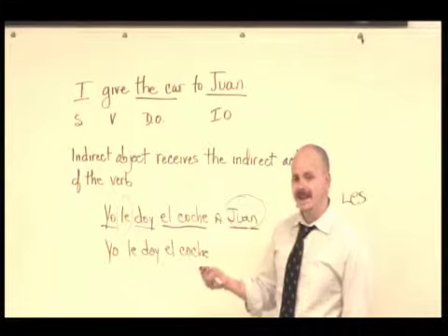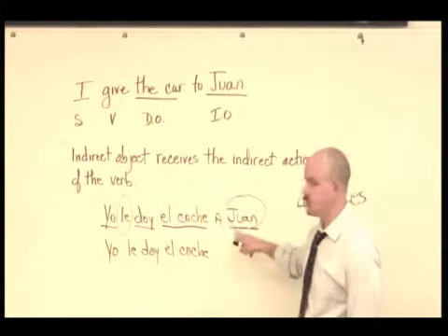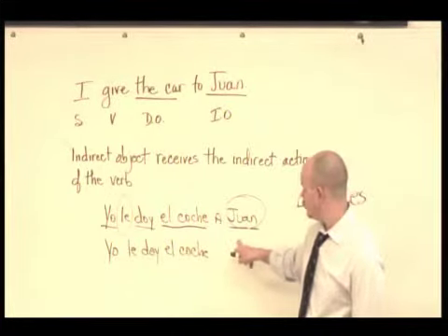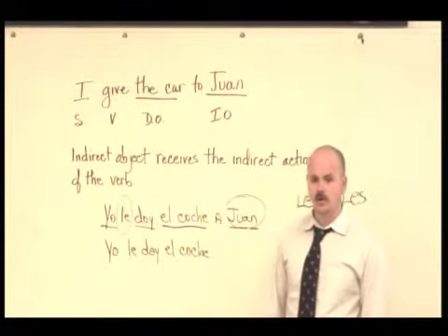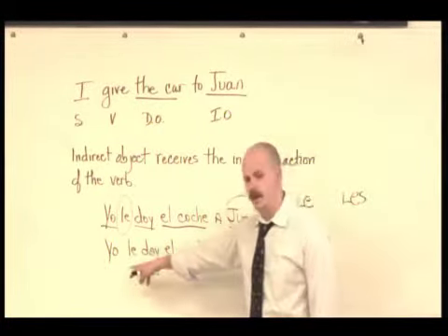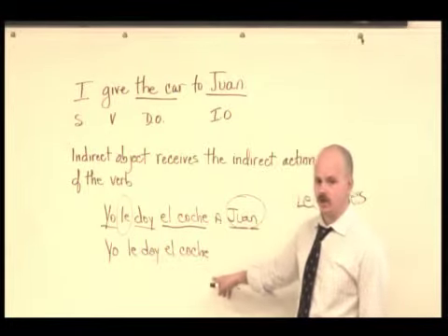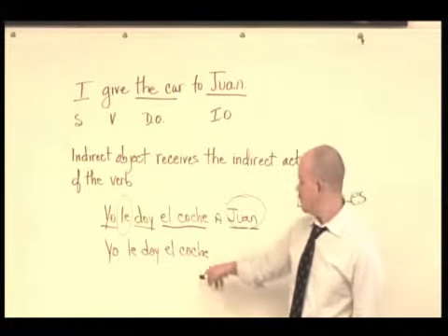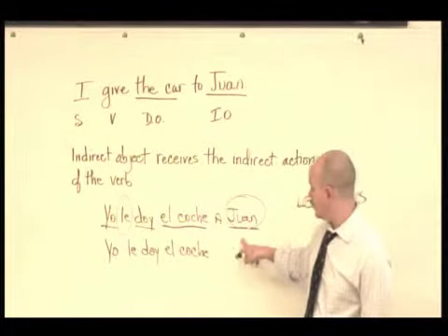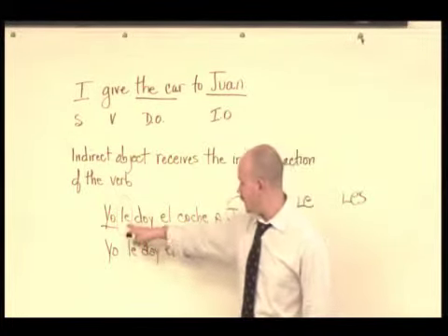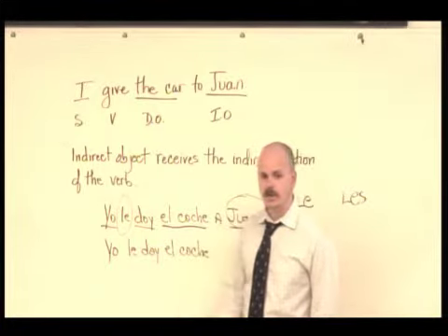What we do not need to have grammatically is the indirect object itself. So we can say this sentence as merely yo le doy el coche. Yo le doy el coche would mean I give the car to him. Whereas this sentence would be translated as I give the car to Juan. Okay, but either way, we always need an indirect object pronoun.